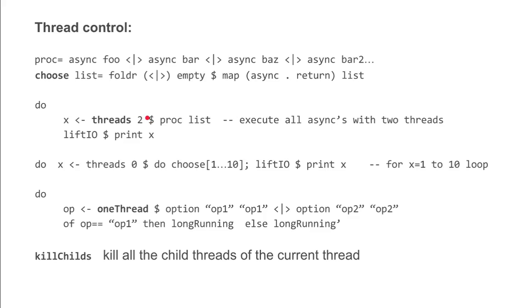If not, it waits for one thread to be available, etc. So the net result is that we can execute whatever transit or computation with a limited number of threads, even with zero threads, because zero means to run with the original thread, and no new threads are executed. In this case, with this definition of choose and this continuation, this is a normal loop.